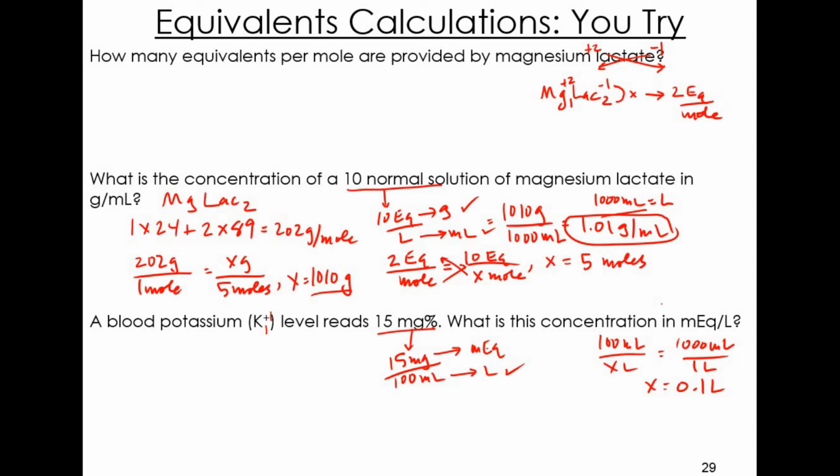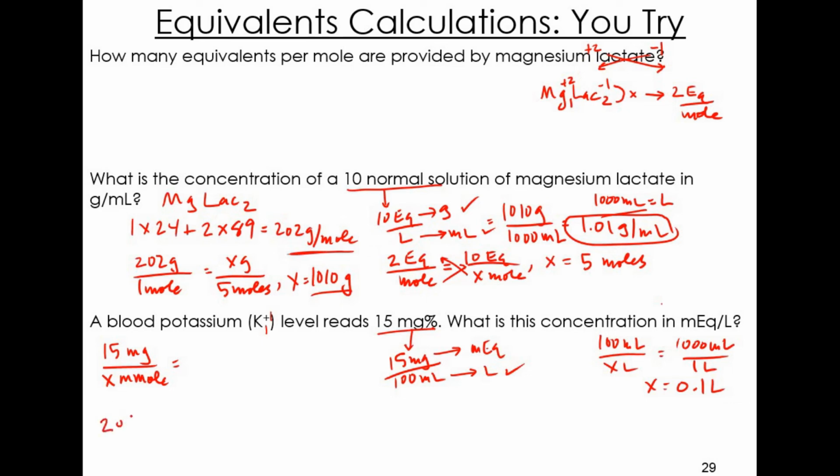So we can do a shortcut here. We don't have to go milligrams to grams and then grams to equivalents and then equivalents to milliequivalents. We can find out how many millimoles are represented by 15 milligrams using the molecular weight we already calculated.